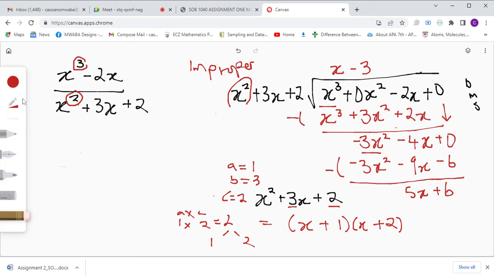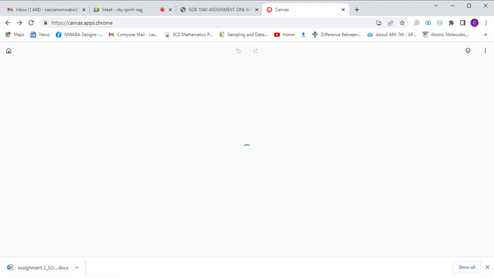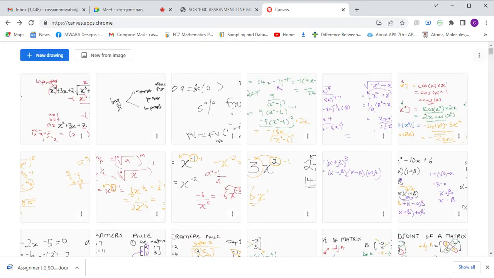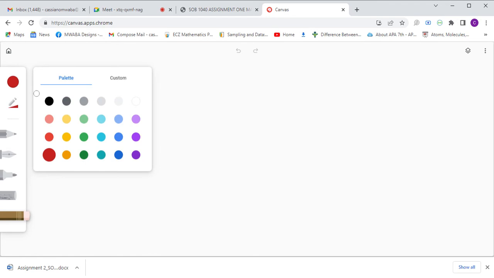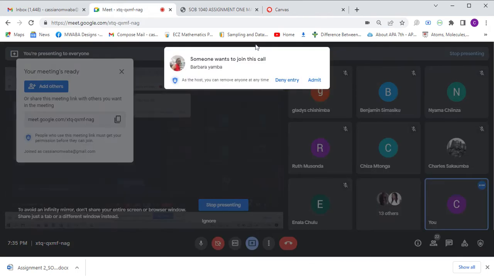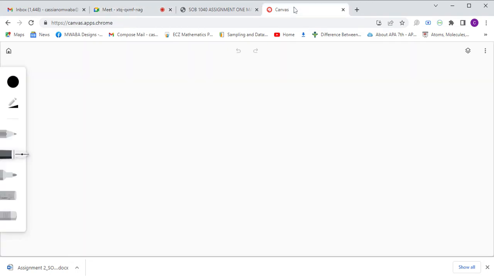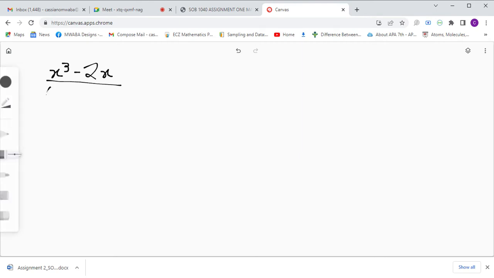We can decompose it into partial fractions. All right, so we'll just go to the next page. What we're going to say is x cubed minus 2x.